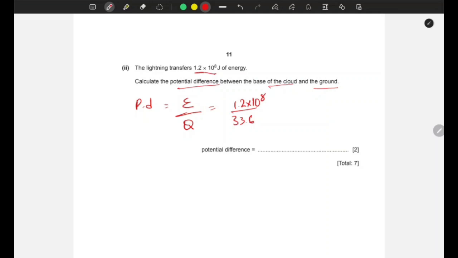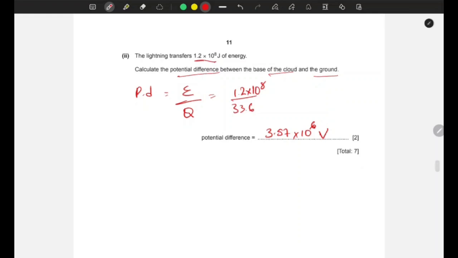So 1.2 times 10 to the power of 8 divided by 33.6 gives us 3.57 million. So we can just write that as 3.57 times 10 to the power of 6. And potential difference is always in volts.